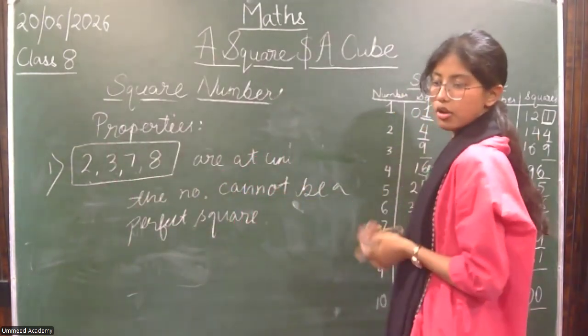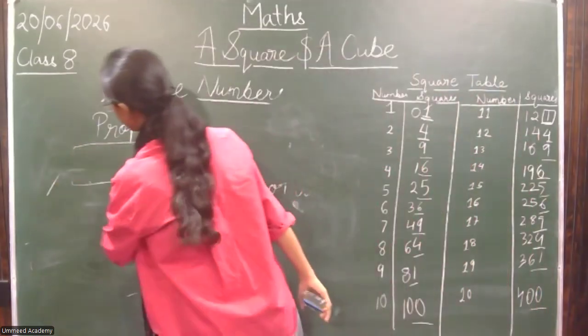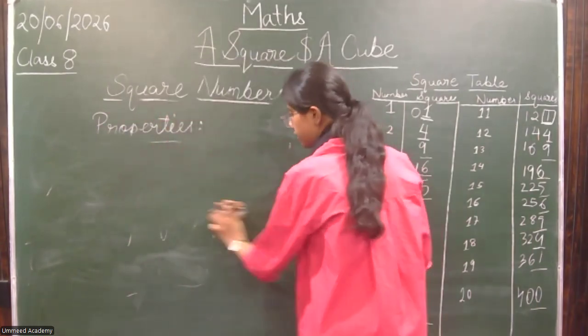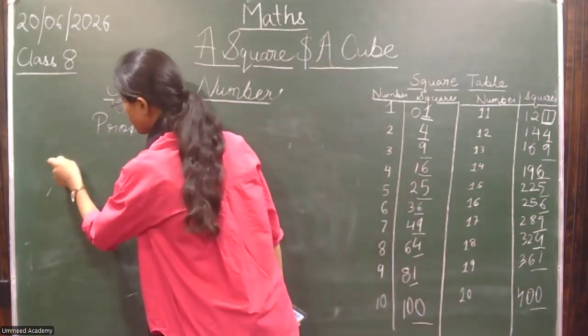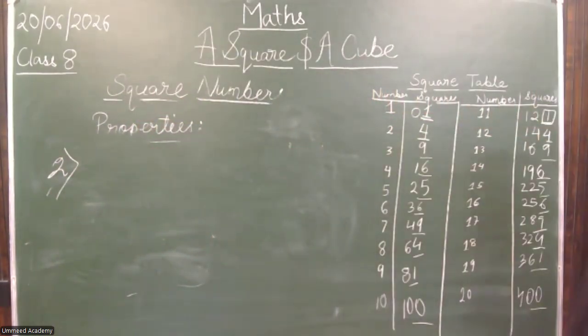Can I erase this now, Pulkit? Yes, ma'am. Okay. The second property is about the zeros at the unit place or the zeros after a perfect square.